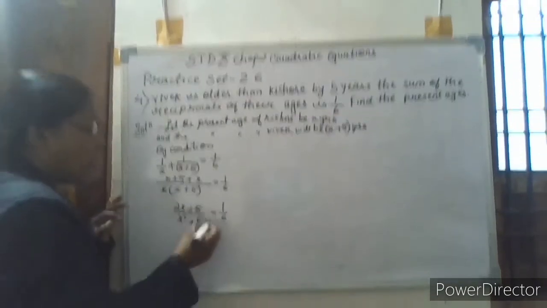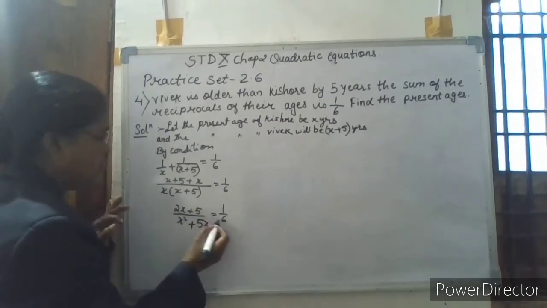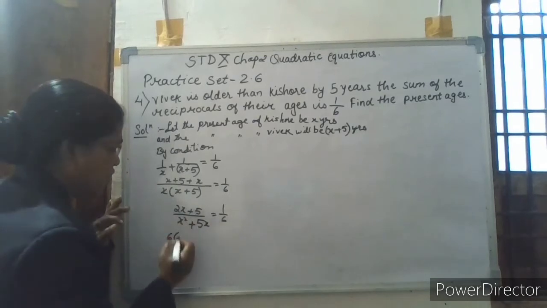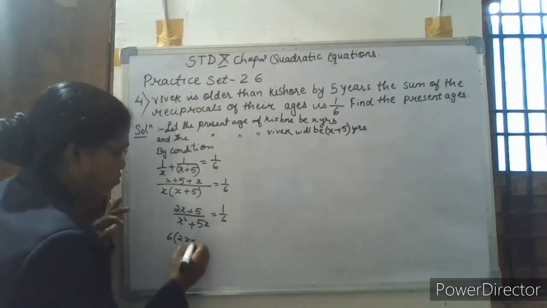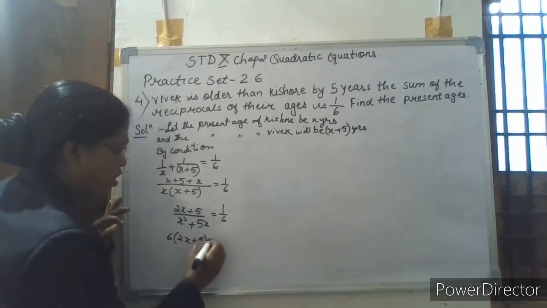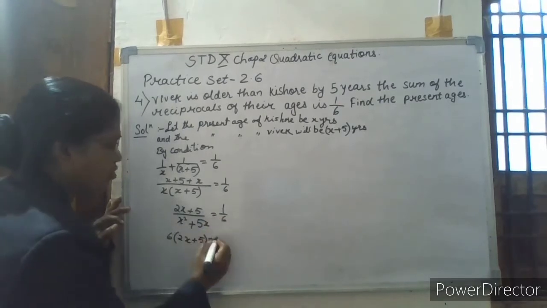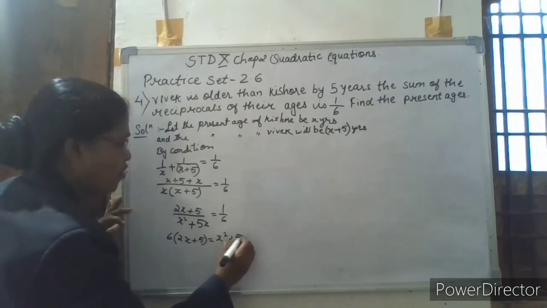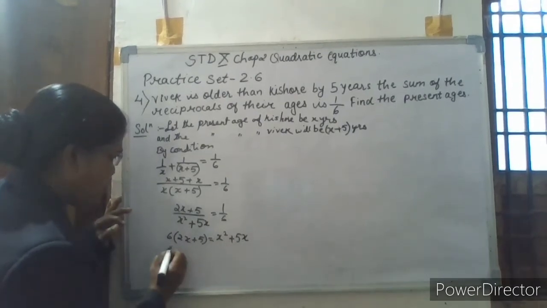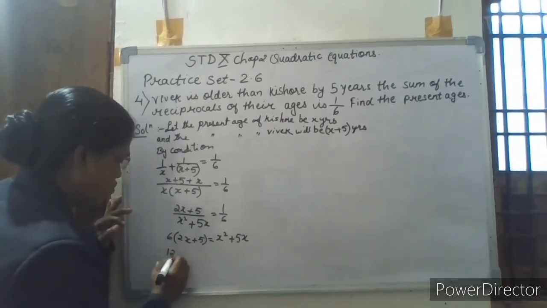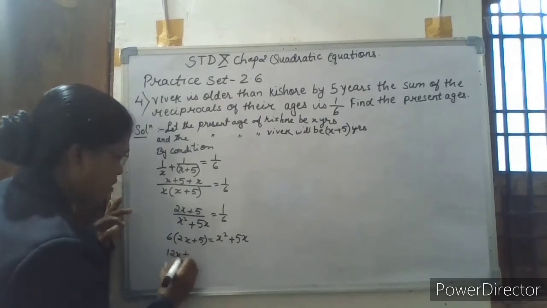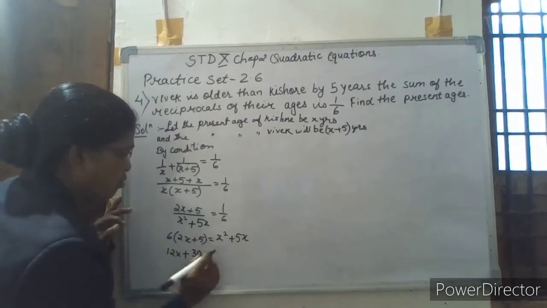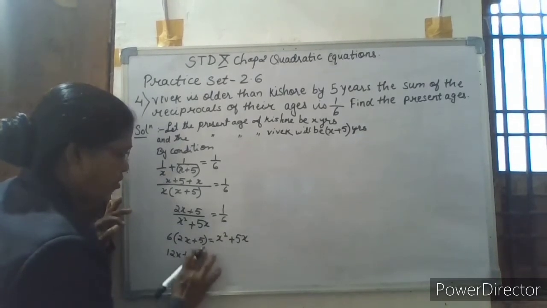Now again we have to cross multiply this. So we get 6 into this, that is 2x plus 5, equal to 1 into this, the same, x squared plus 5x. So multiply this: 6 times 2x is 12x, 6 times 5 is 30, equal to, now I will bring this side.